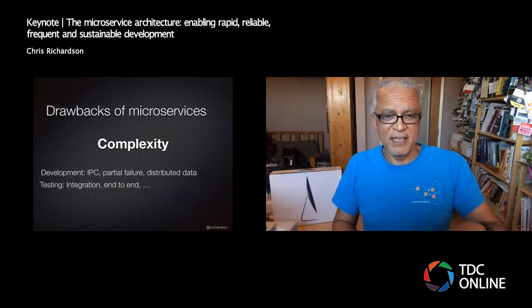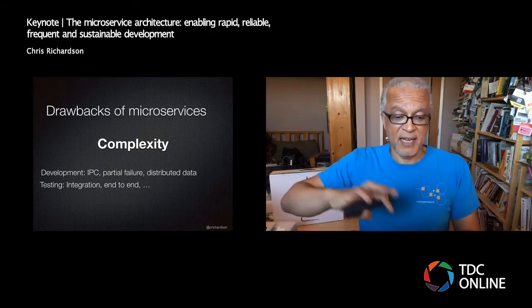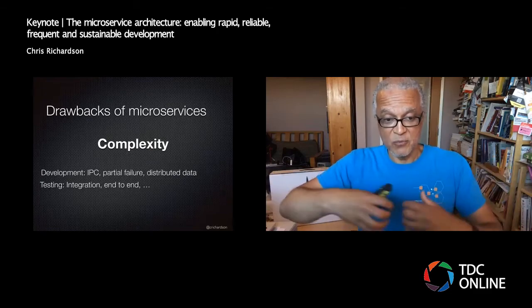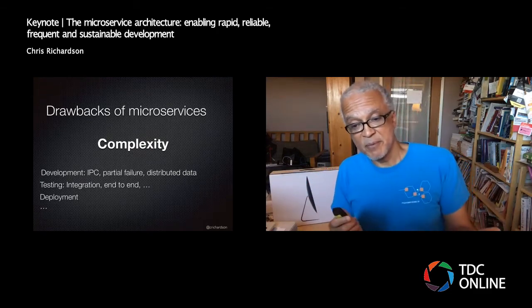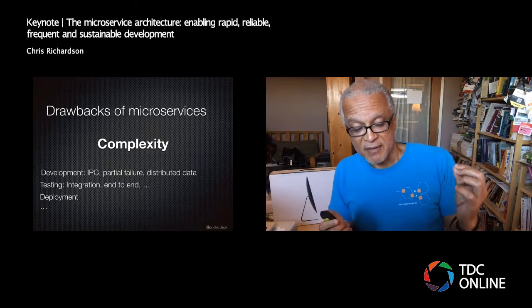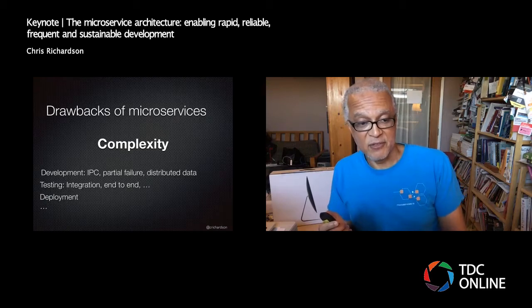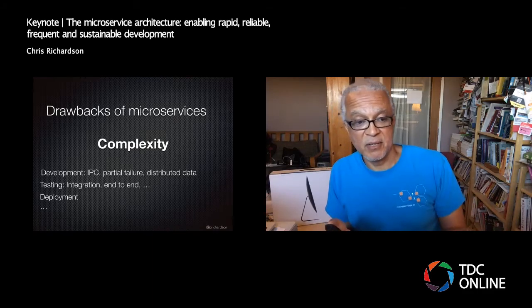Testing is simultaneously easier, but then you have to learn new patterns on how to ensure that the services work when put together. And then from a deployment perspective, instead of one application in production, you effectively have tens or hundreds of much smaller applications. So there's many more moving parts that need to be monitored and managed and orchestrated and so on.